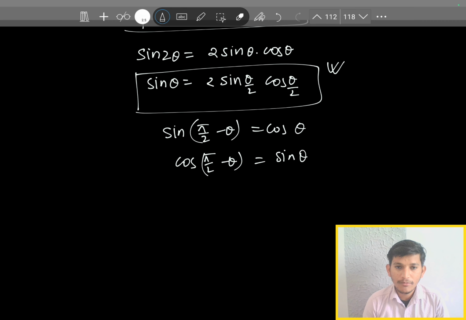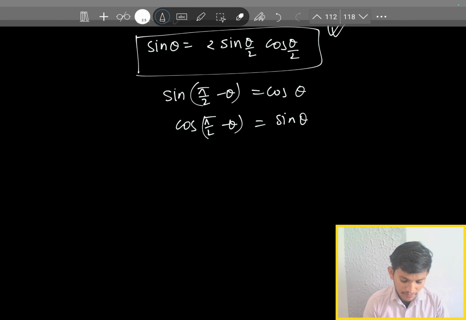One more important property required to solve this question is De Moivre's theorem.